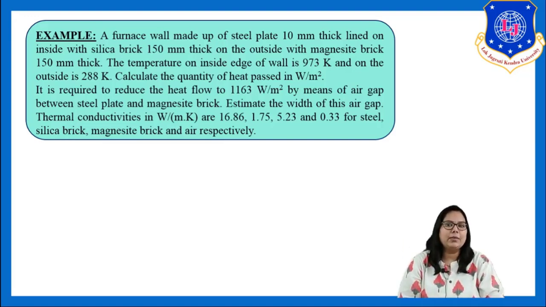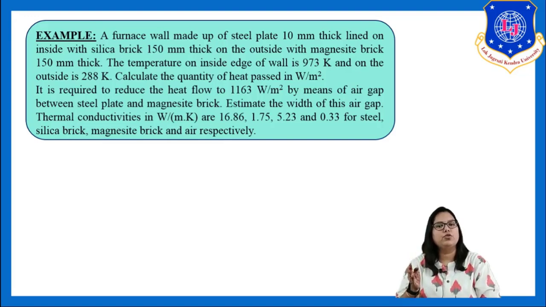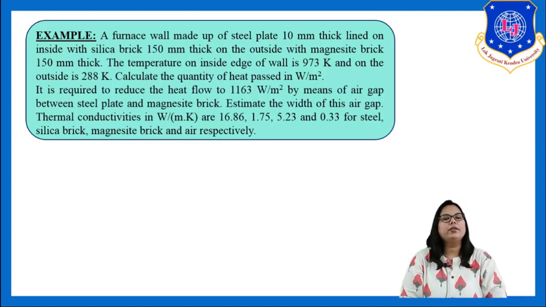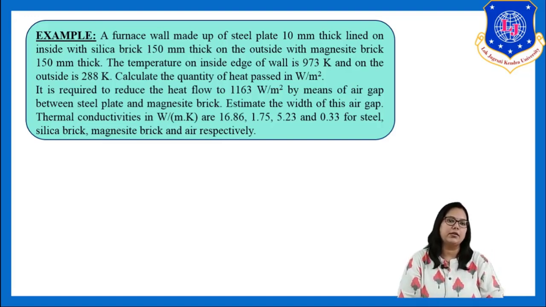Thermal conductivities of all the materials were given in watt per meter Kelvin: 16.86, 1.75, 5.23 and 0.33 for steel, silica brick, magnesite brick and air respectively. So we have to solve this example in two cases separately. In case 1, we have to calculate the value of Q when the composite wall is made up of three different materials having three different thicknesses and three different thermal conductivities.